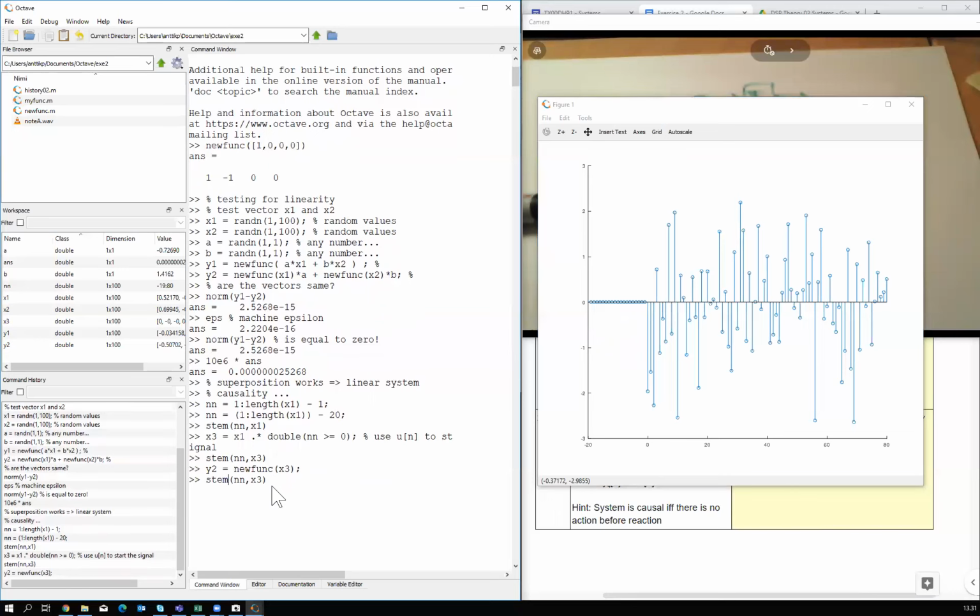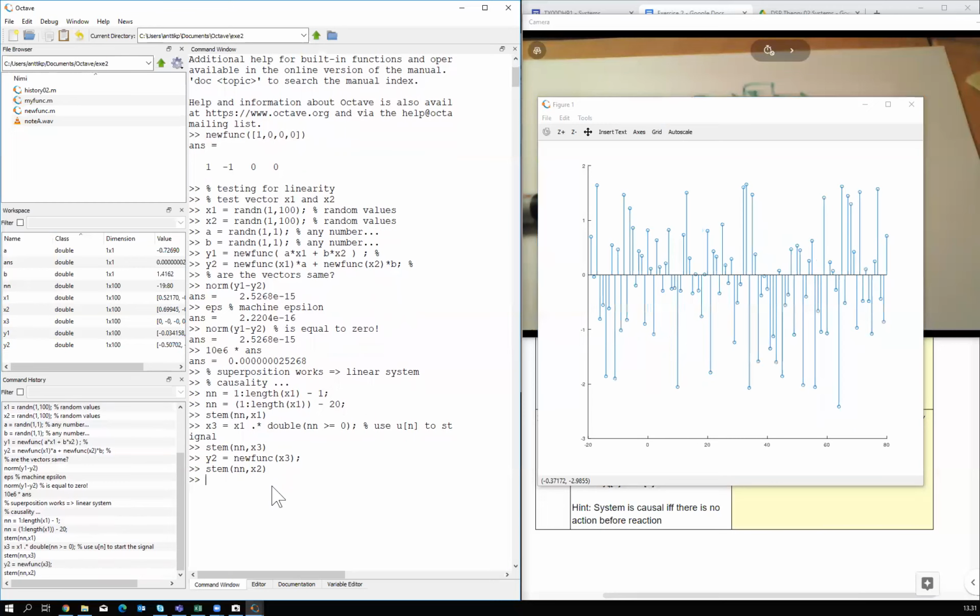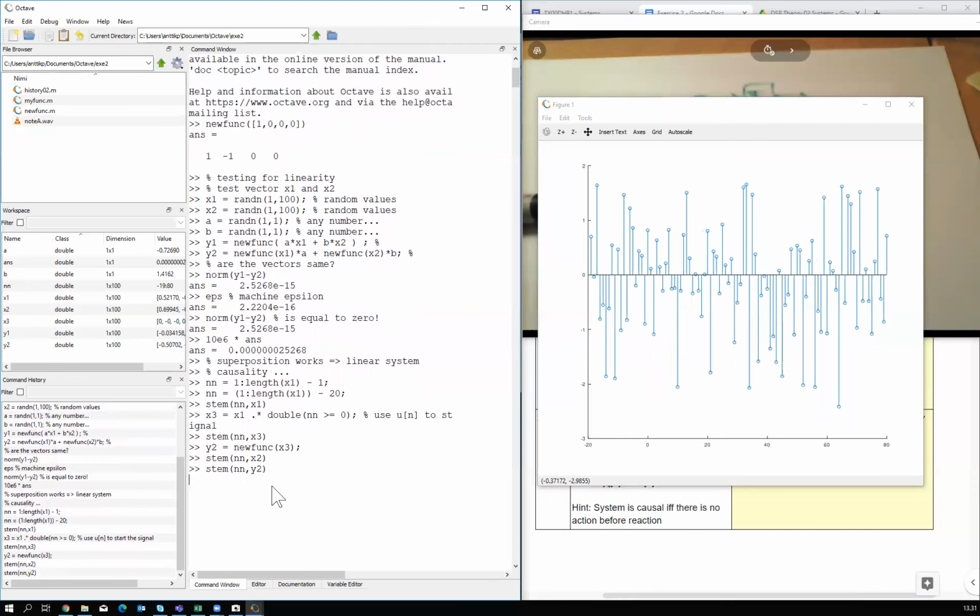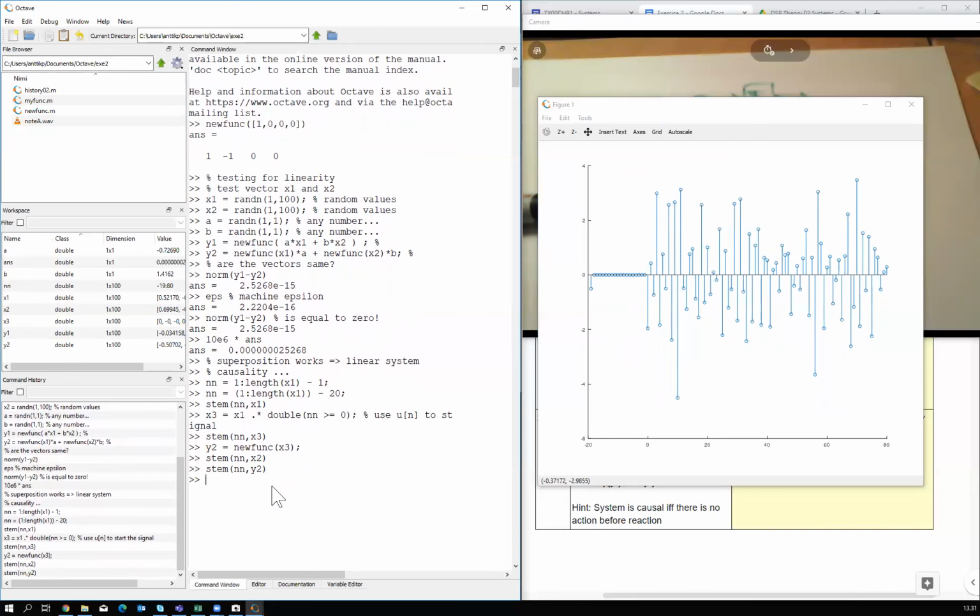For example, we can stem that one to see, not x2, y2. It seems okay, but there is actually something before the action. This point here is an artifact caused by the fact that we used the circular buffer to calculate this output.